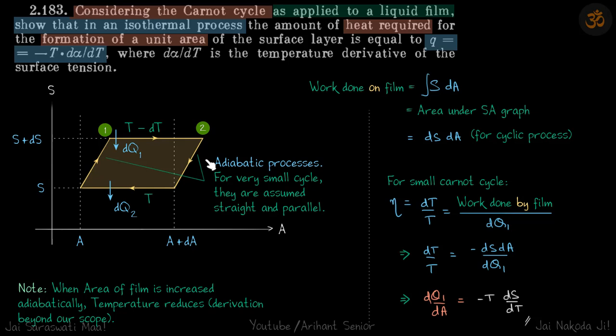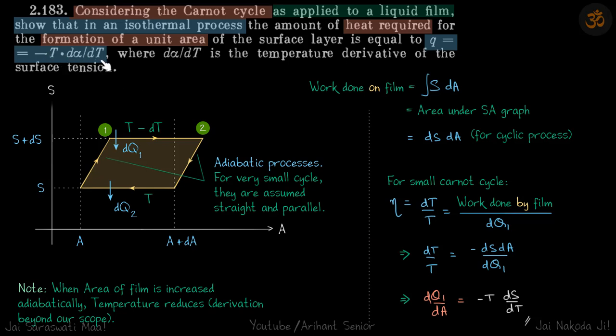Why do we have to consider the Carnot cycle to arrive at this derivation? You can see we have a term of Q here, that is heat, and this is the heat required. So this is the input heat, not the waste heat. The input heat is given in this formula, with T and dt. So the ratio dt by T is given.